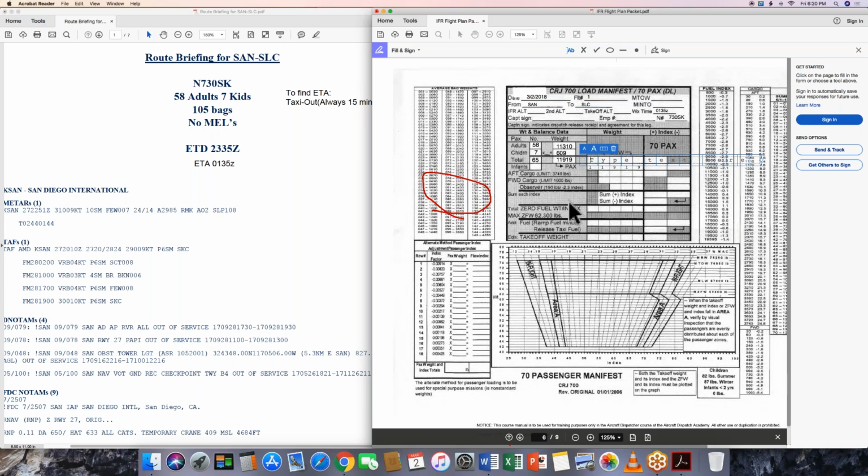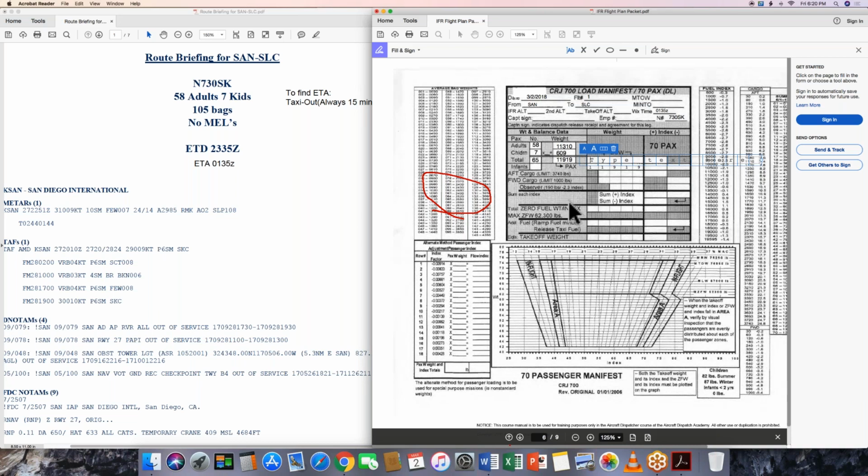A crew, your seats, no fuel, but it has your oil in it, all of that stuff.